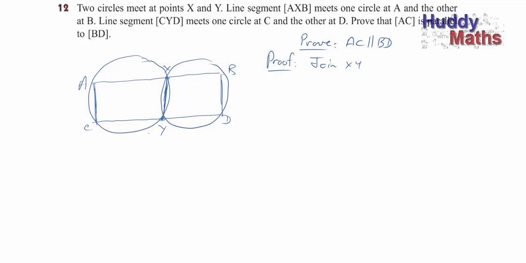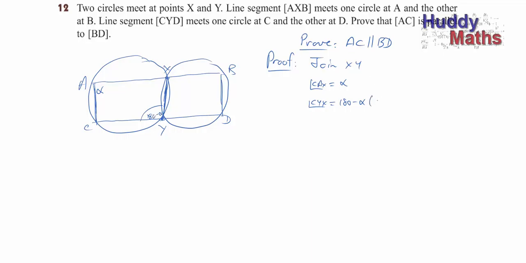All right, so let's have a look. Let's deal with the first one now because we've joined it up. Let's let CAX equal alpha, so angle CAX equals alpha, and we can say angle CYX equals 180 take alpha. That's this one down here, 180 take alpha, and that's because it's a cyclic quadrilateral AXYC.